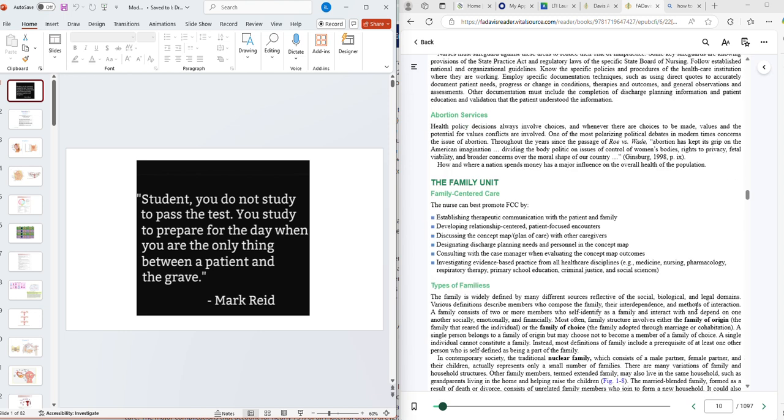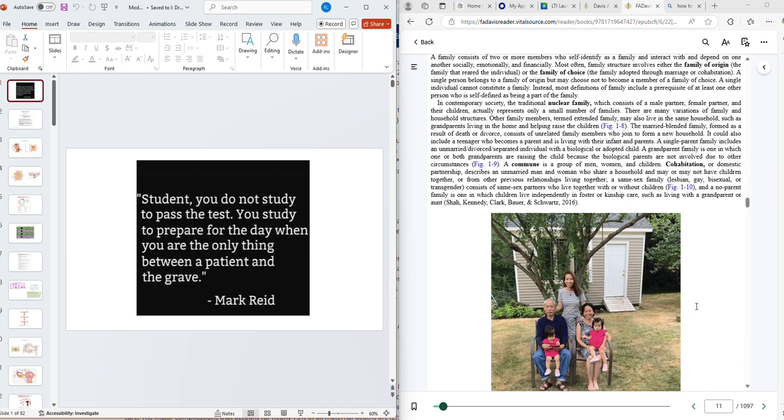On page 11, it starts talking about the family unit. In your yellow clinical folder, you will receive or have received a page that has the different types of family units, family models, types of families that will be important for you to use in the clinical setting.